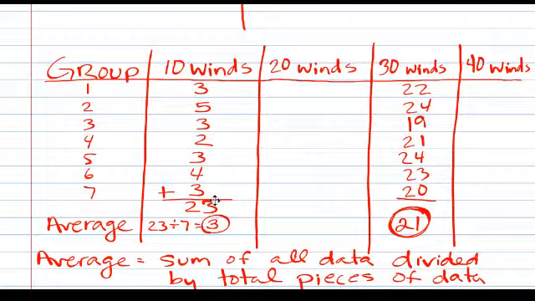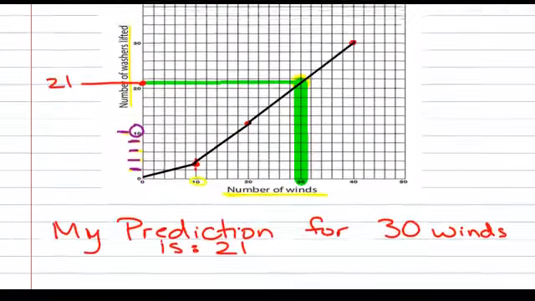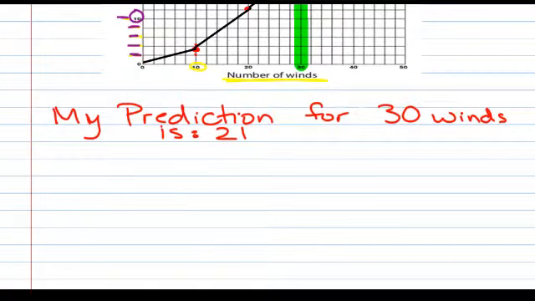I am going to give you one disclaimer though, that is very, very important. Do not, I repeat, do not mess around with your experiment to try to get 21. If you do that, you're going to mess up. Do 30 wines, turn it on, pick up as many washers as you can, but make sure that you are not adjusting your numbers to try to make it match your prediction.